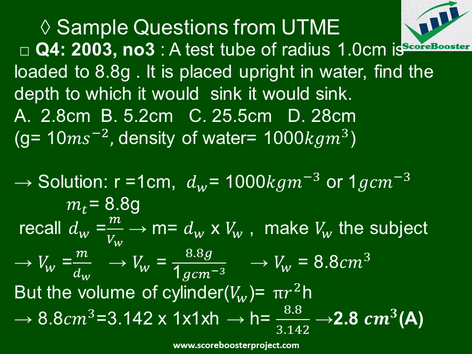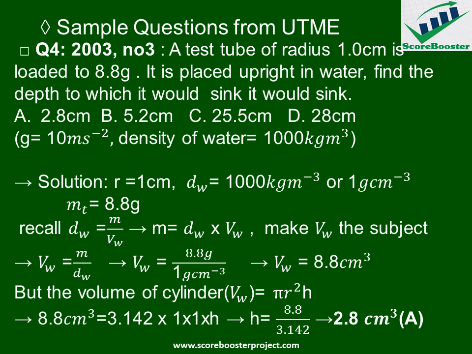But we have to recall that the test tube is cylindrical in shape. So the volume of the test tube will be assumed to be the volume of a cylinder, and the formula for the volume of a cylinder is pi r square h. So we can now equate this to the volume we just got: pi r square h will be equal to 8.8 centimeter cube.